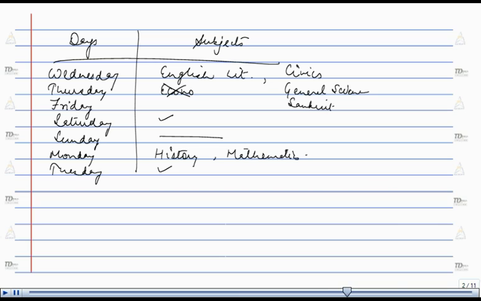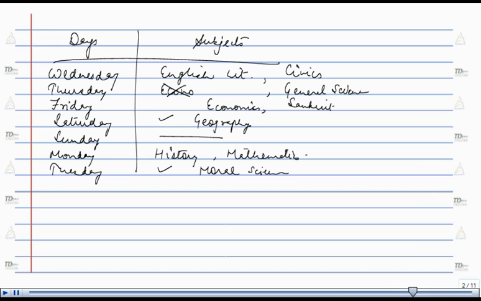Geography is on Saturday. So on Saturday we do have Geography. General Science is not on the same day as Moral Science. So we have to take Moral Science on Tuesday. So what's remaining is Economics not being on Thursday, so it's on Friday.